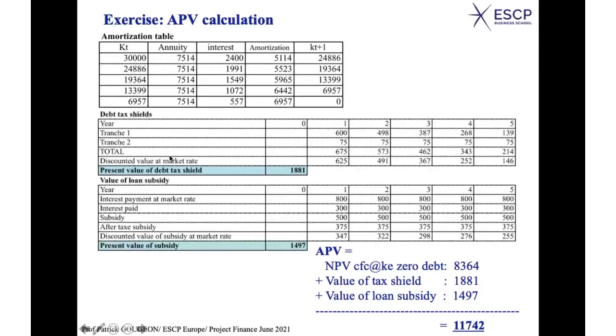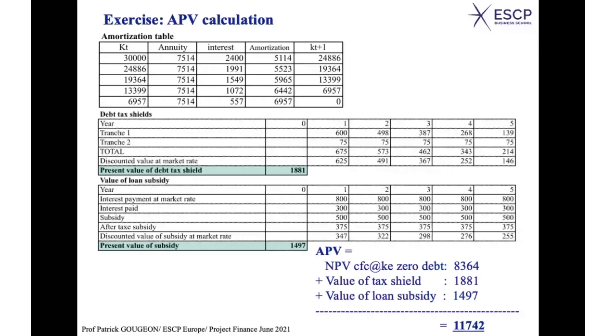So you see, you are going to take the total here, and I'm going to treat the tranche 2 exactly like tranche 1, assuming that I have a tax discount rate which is the market rate. Why? Because after that, we will have to determine the value generated by the subsidy, because a rate of 3% is not a normal rate. You have a subsidy hidden in this rate, okay? And we have to value this.